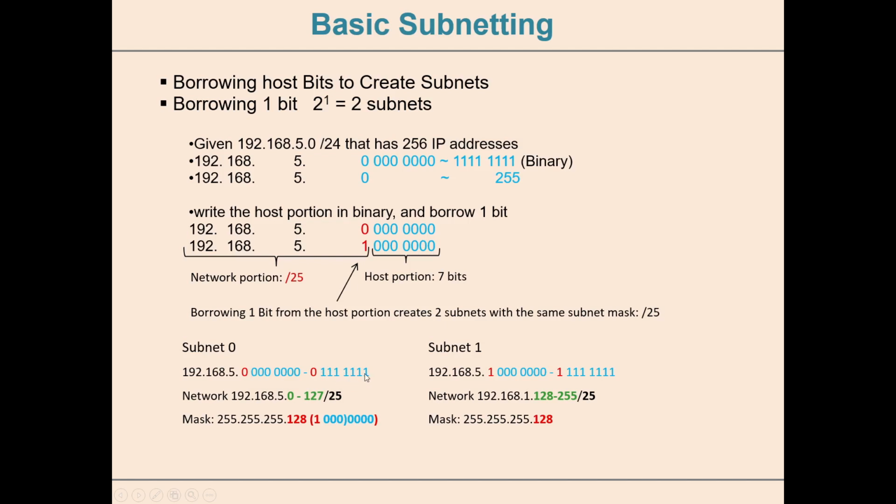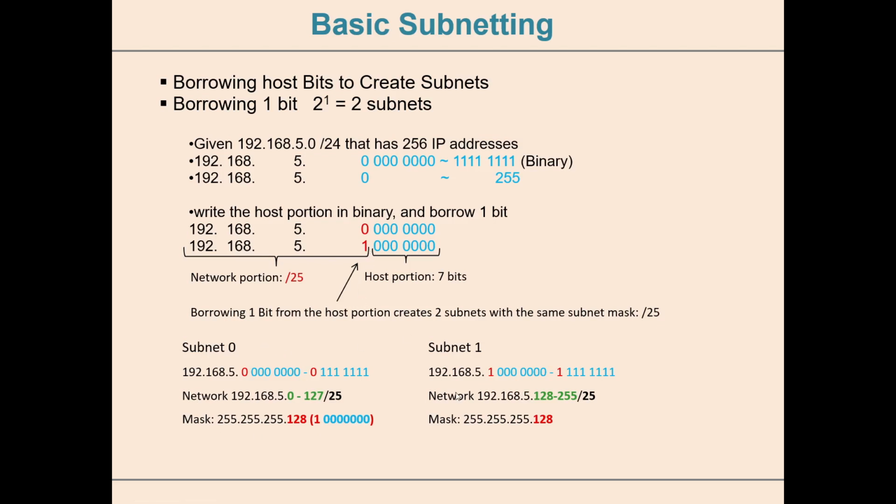That gives us the IP range for subnet 0. The range is 5.0 all the way up to 5.127, subnet mask /25, which we can write in the format 255.255.255.128. That is subnet 0.